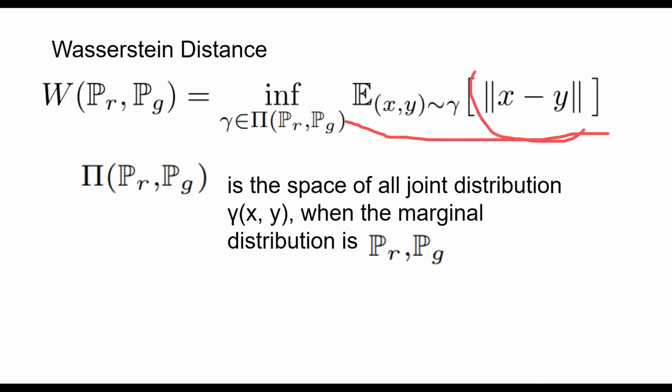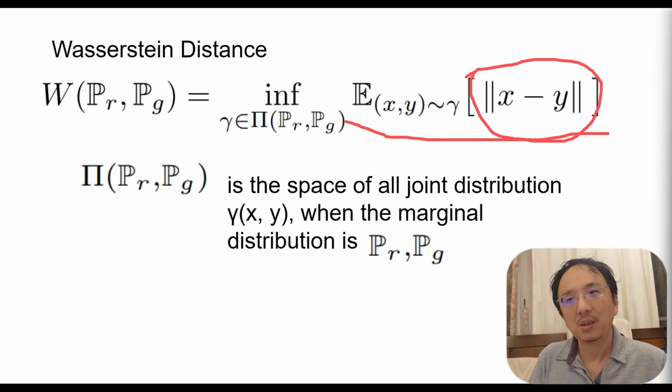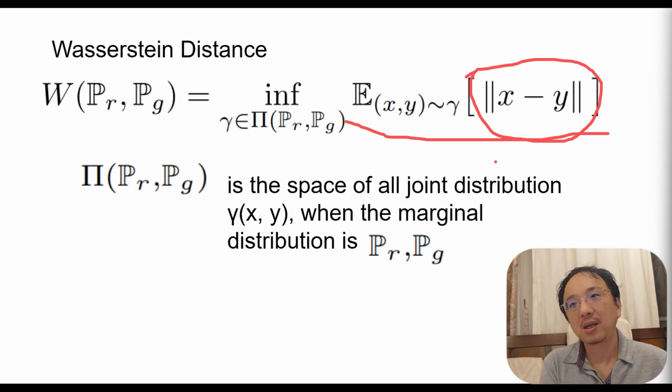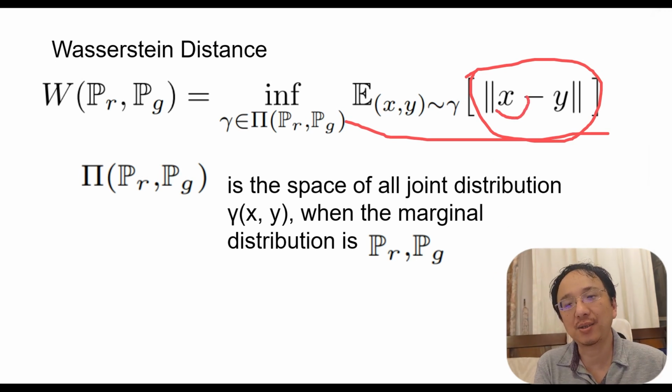It takes an absolute value or a norm, because our x might not be in one-dimensional space. It might not just be a number. It can be a vector or any element in a matrix space. So we can compute the distance between x and y.